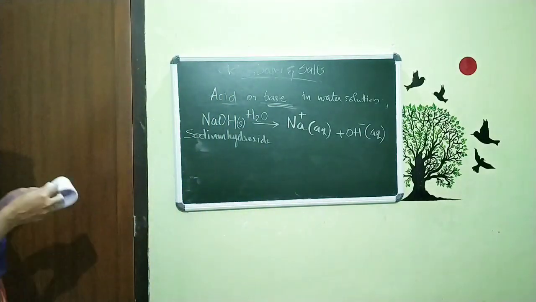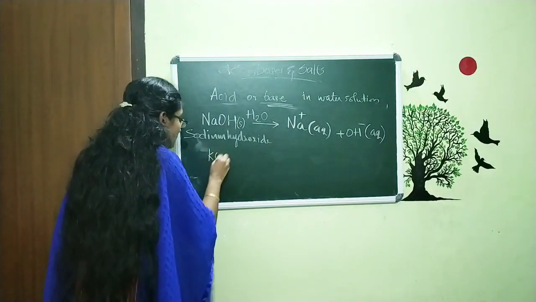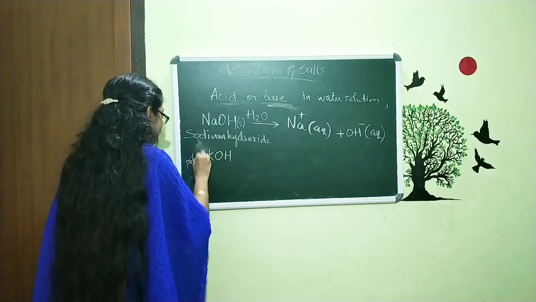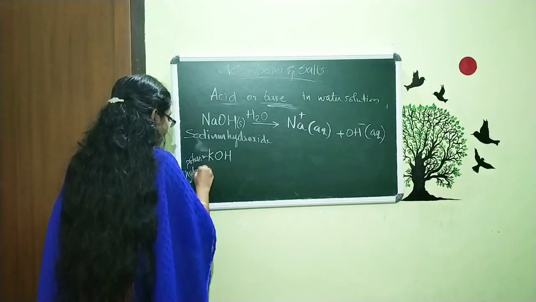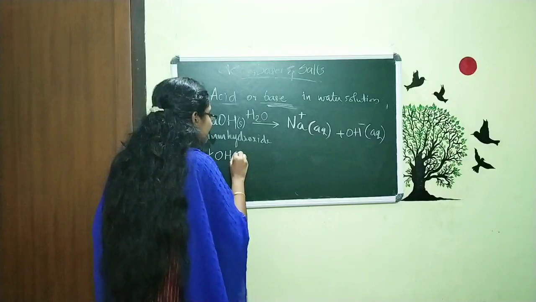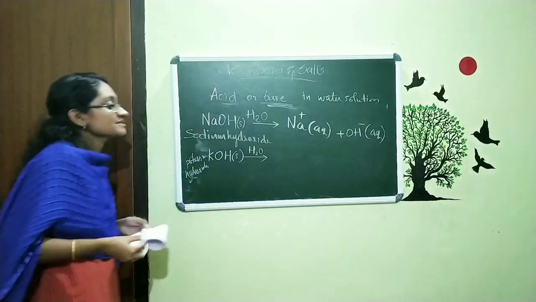Now we are going to check the next one, the reaction of potassium hydroxide, KOH. Potassium hydroxide is also in solid state and reacts with H2O, that means we are mixing it with water.